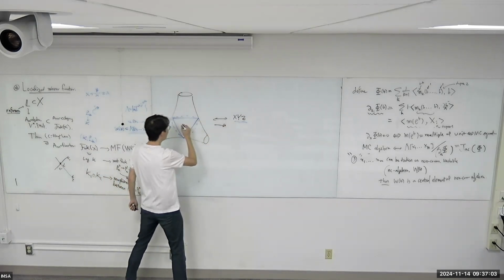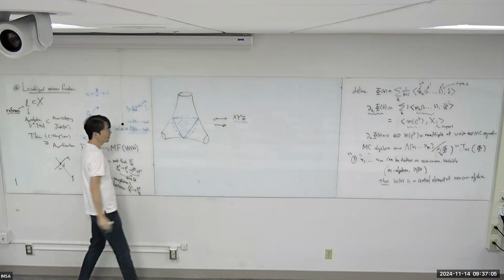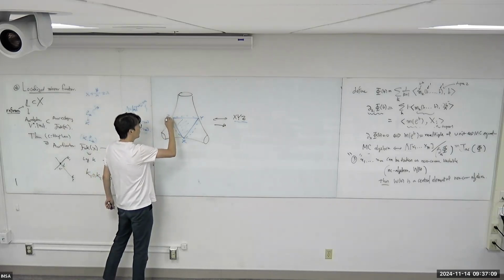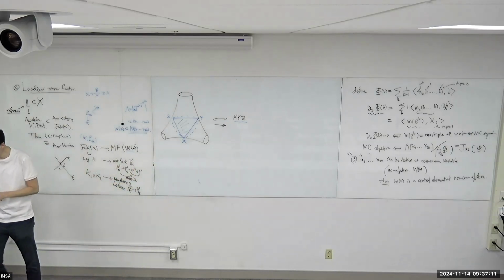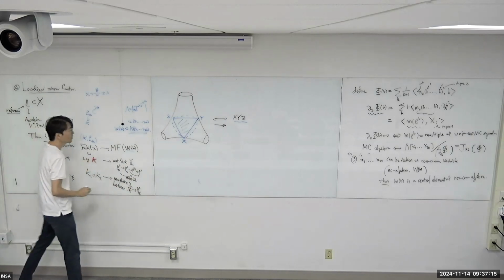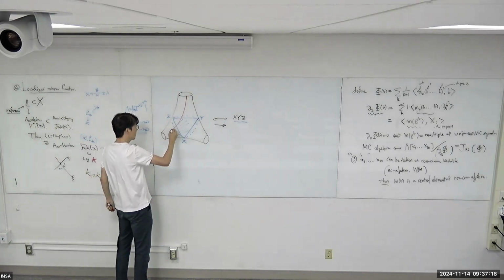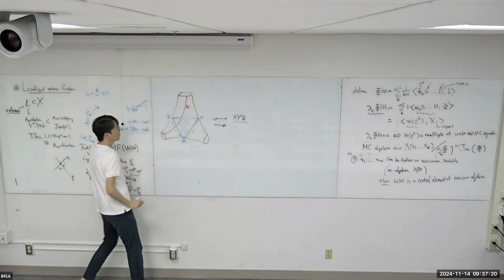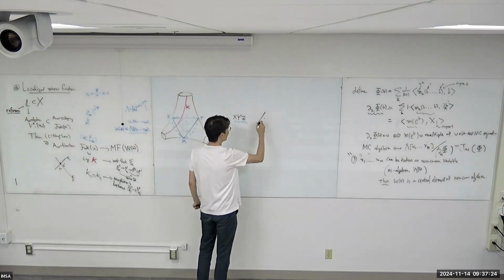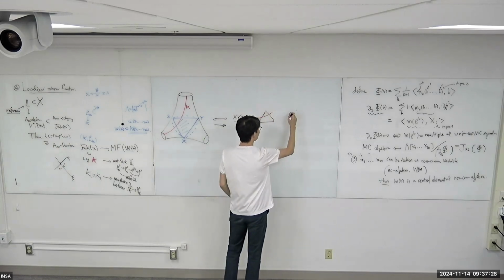And this xyz, we interpret it as this triangle here. And if you choose a Lagrangian, so this K, we choose it to be this one, then this xyz triangle is decomposed into two pieces.